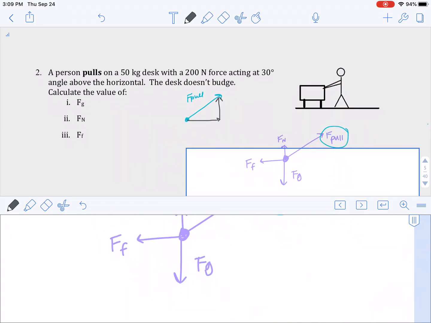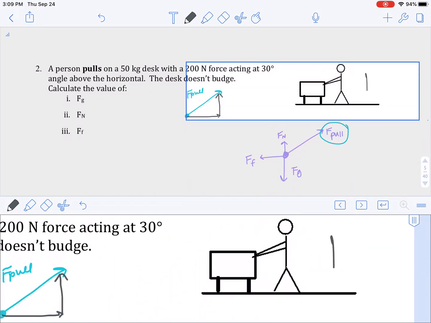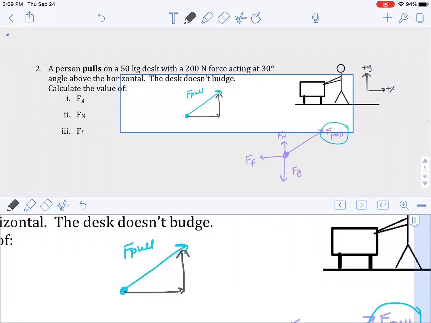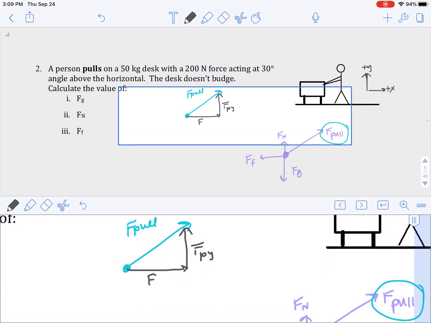And because our axes in this case are just vertical is the positive y and horizontal is the positive x, I don't need to tilt my axes or anything. They just need to be side to side or up and down. And so this will be my F pull y and my F pull x.